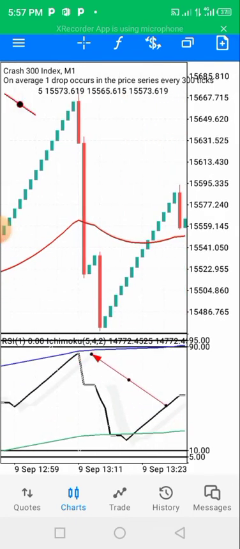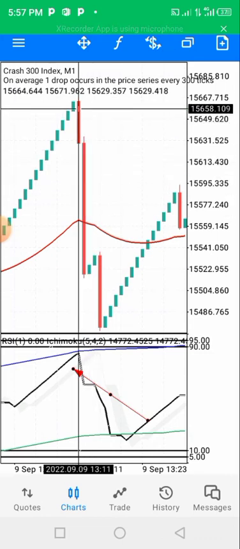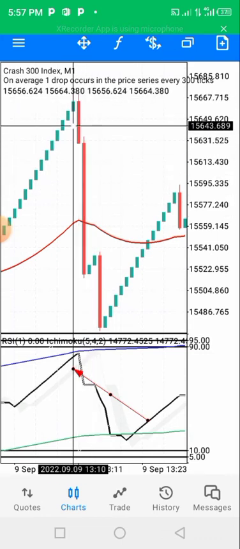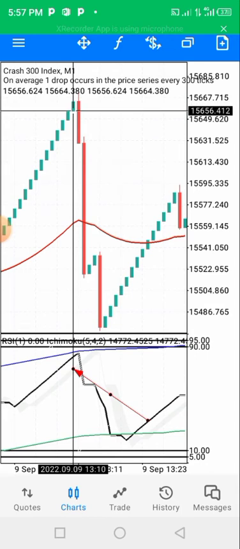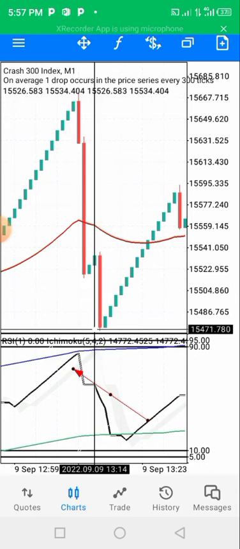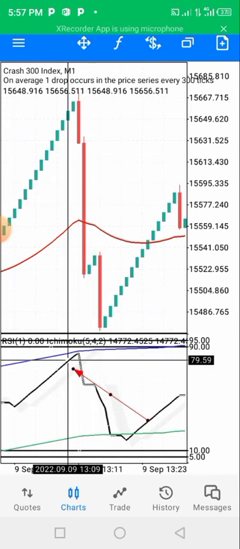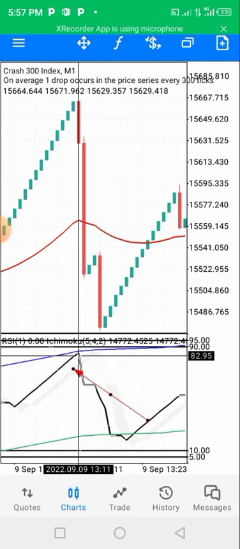Whenever you see the black line touching the blue line like this, that is when you sell. And when you sell, what happens? You see you have a spike here. So don't sell if you don't see the black line touching the blue line. The only time you can sell is when you see this black line touching the blue line.